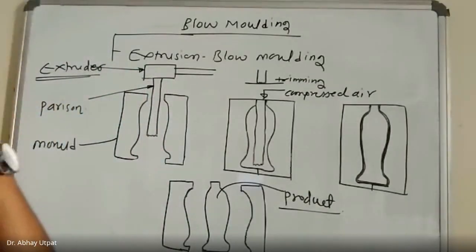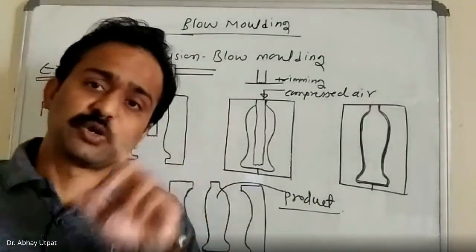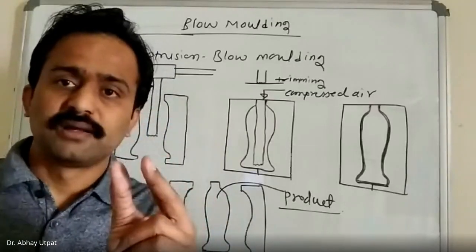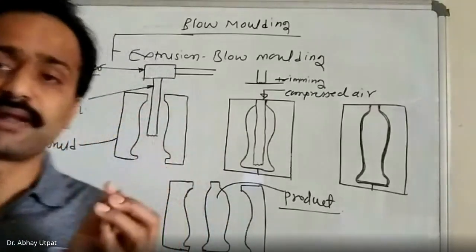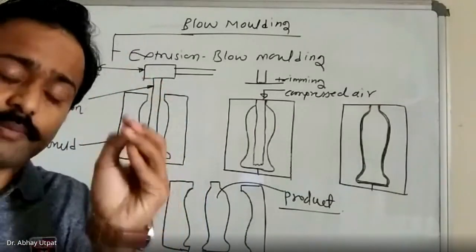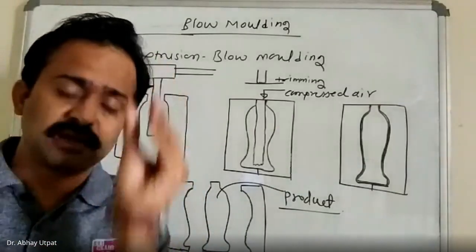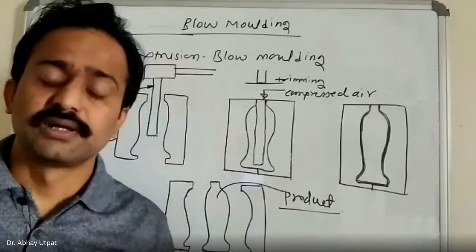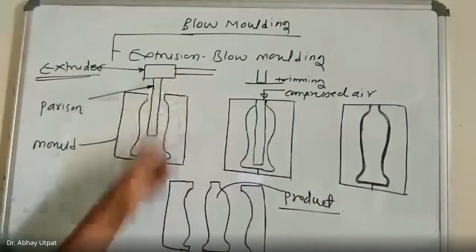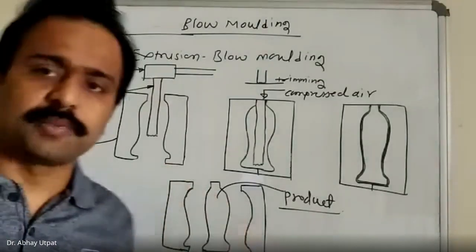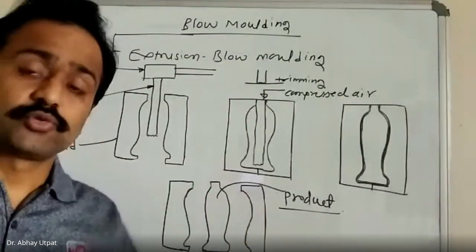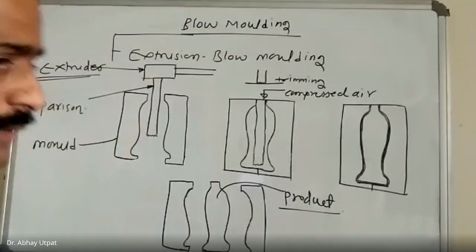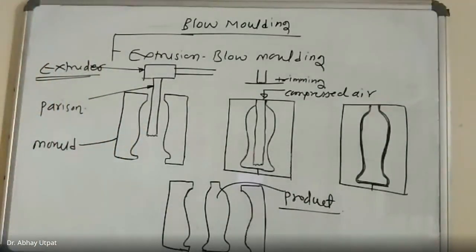When you want good quality of neck finish, good threading already made, some impression marks made, and by maintaining a good quality of neck surface finish, the remaining part is swelled, then in that case, extrusion molding will not be suitable. So injection molding will be suitable for it. Let us see the next type, injection blow molding.